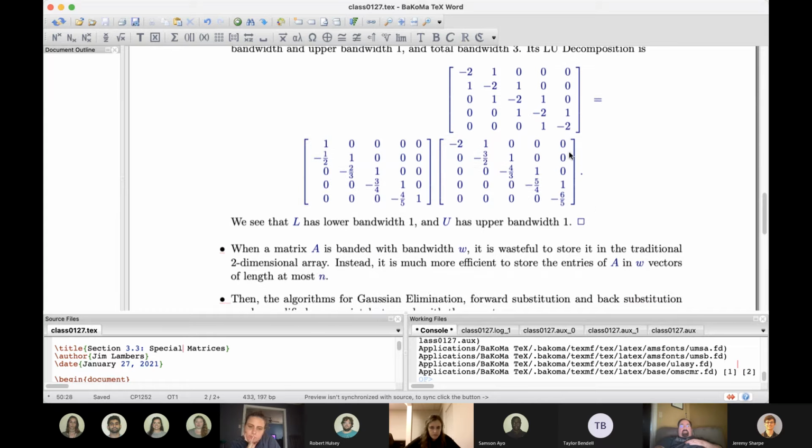Now, when you have a matrix like this, especially one that's tridiagonal, notice if I store this matrix in the usual way in memory, a two-dimensional array, I'm storing a bunch of zeros. Here it's just 5 by 5. But imagine a matrix that's not even all that big, 100 by 100.